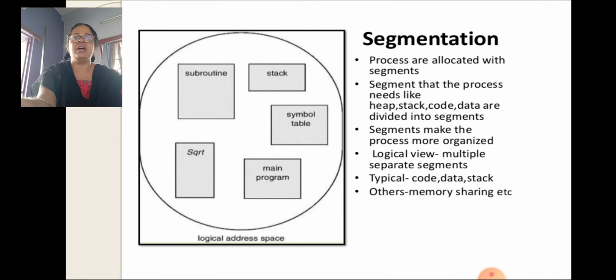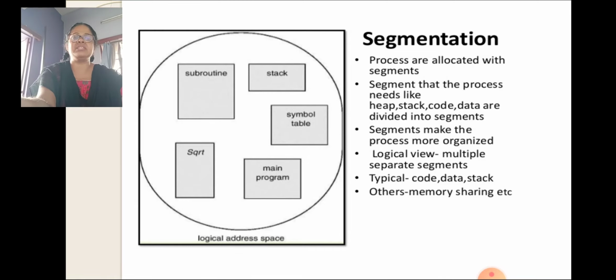So we can say that segmentation is a memory management scheme that supports this user's view of memory. A logical address space is a collection of segments. Each segment has a name and a length. The addresses specify both the segment name and the offset within the segment. The user therefore specifies each address by two quantities, a segment name and an offset.